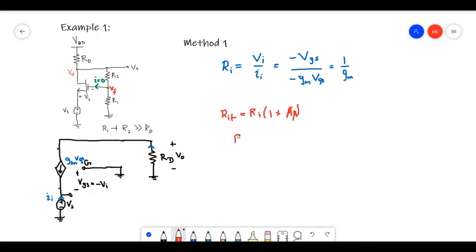So the closed loop input resistance is given by 1 over Gm times 1 plus R1 over R1 plus R2 times Gm Rd. So this is the input resistance of the closed loop system.